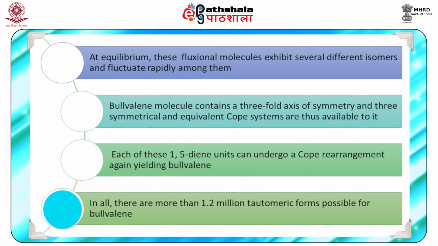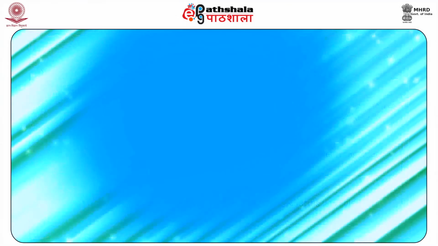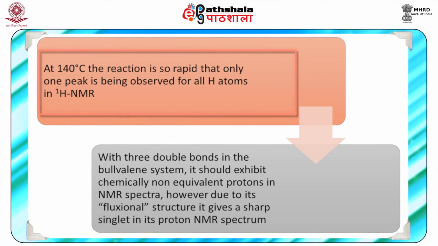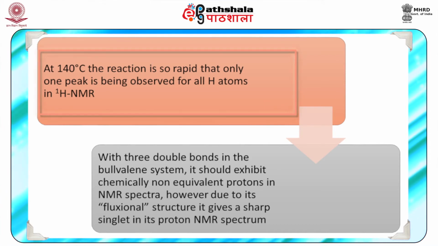In all, there are more than 12 million tautomeric forms possible for bullvalene. At 140 degrees Celsius, the reaction is so rapid that only one peak is observed for all hydrogen atoms in the 1H NMR.